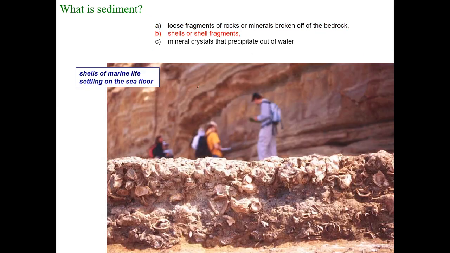Okay. The next type are shells and the fragments of marine organisms. I know this is kind of crazy to think, and it doesn't go along with our intuitions, but shells of marine organisms build up over time, and they form a very important source of sediment. And it's not just the visible shells. So here you can see actual visible shells of different marine organisms.